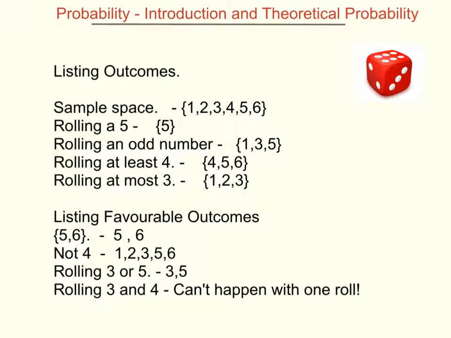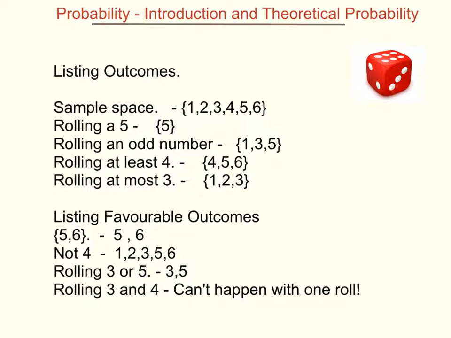One of the things you need to be able to do is list outcomes. And that is, say what could happen when you roll a dice or flip a coin or whatever. So the first thing we're going to look at is rolling a dice and look at some events. So if I roll this die, the sample space is all the things I could have, which is 1, 2, 3, 4, 5, 6.